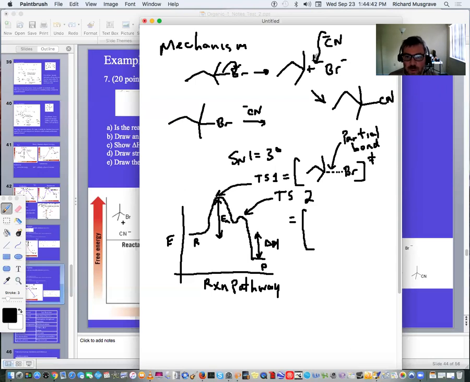The CN is joining to that C plus. So then we'll have this situation for the nucleophile coming in. And again, that's a partial bond as well. So there's your transition states. And again, look at the difference between a mechanism and a transition state.